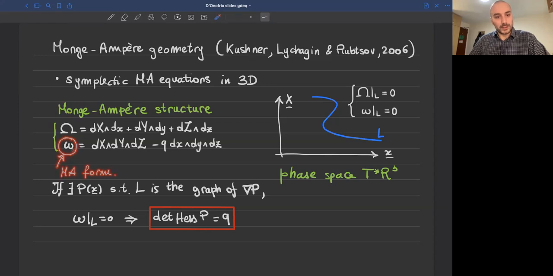This Monge-Ampère form actually represents our Monge-Ampère equation in this geometrical setting. Now, these two forms satisfy this condition. Why? Because there are many possible choices of this omega to represent our equation, but only one which satisfies this. That is this choice. This is the only choice which is Q orthogonal to capital omega.